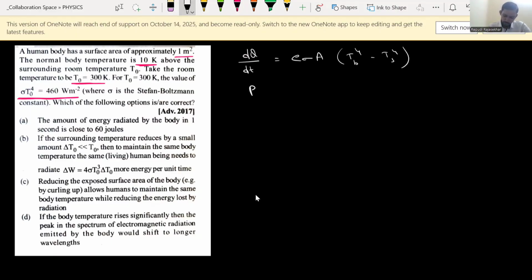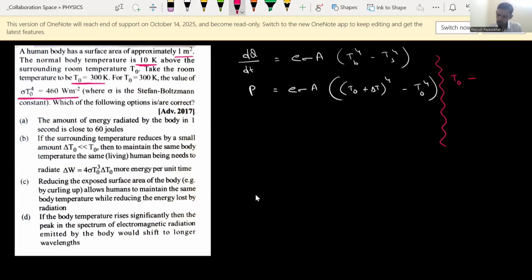Directly I write power equals E sigma A times T_B power 4 minus T_S power 4, where T_B is the temperature of the body, which I write as T naught plus delta T, and T_S is T naught, the surrounding temperature.